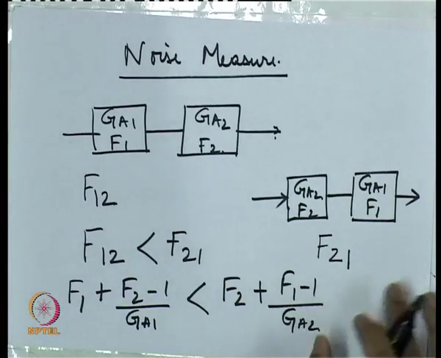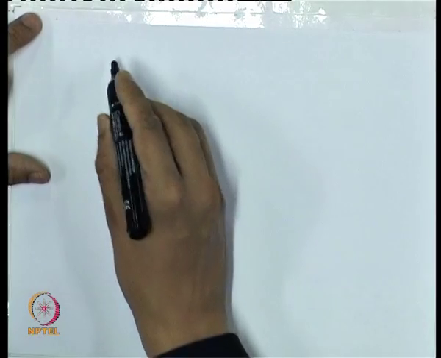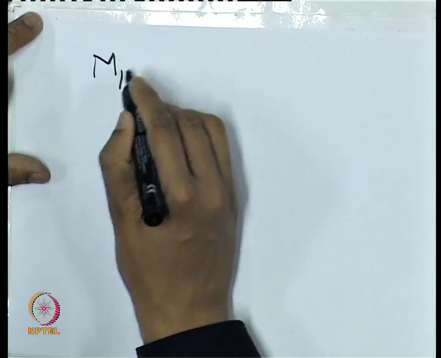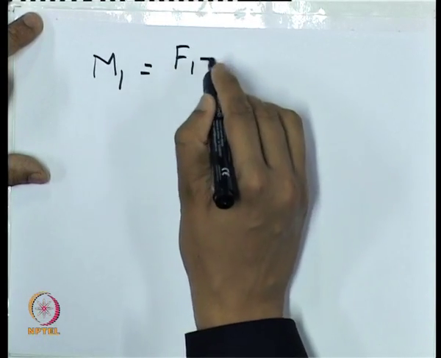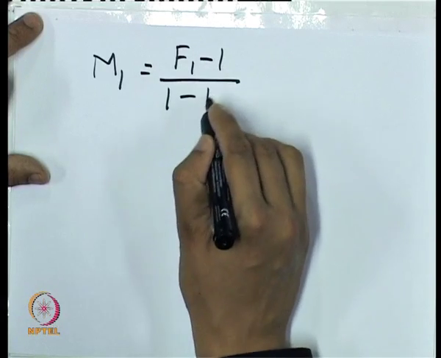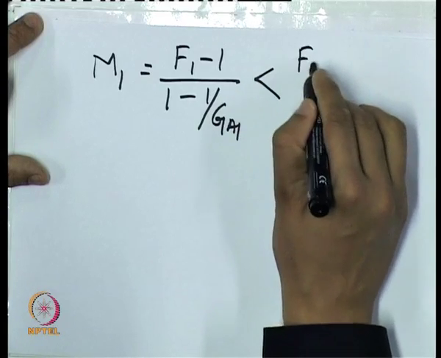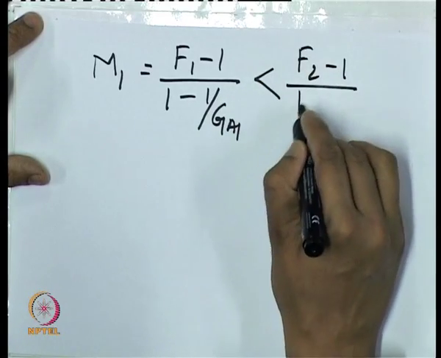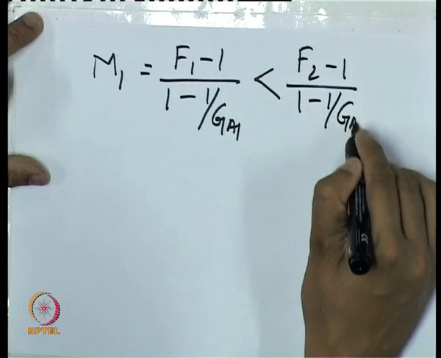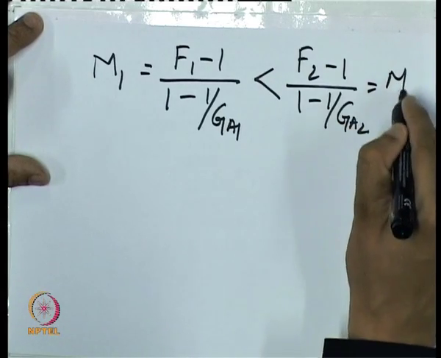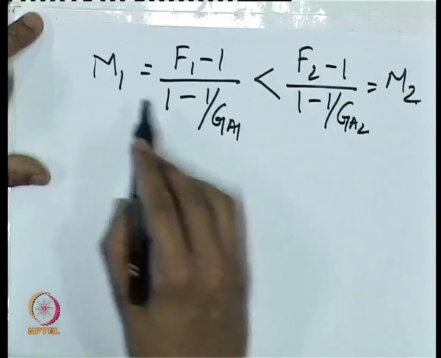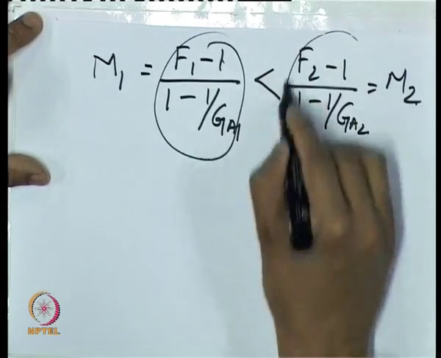Instead, this equation can be rewritten like this: M1 equal to F1 minus 1 upon 1 minus 1 upon GA1 is lesser than F2 minus 1 upon 1 minus 1 upon GA2, and this I call M2.